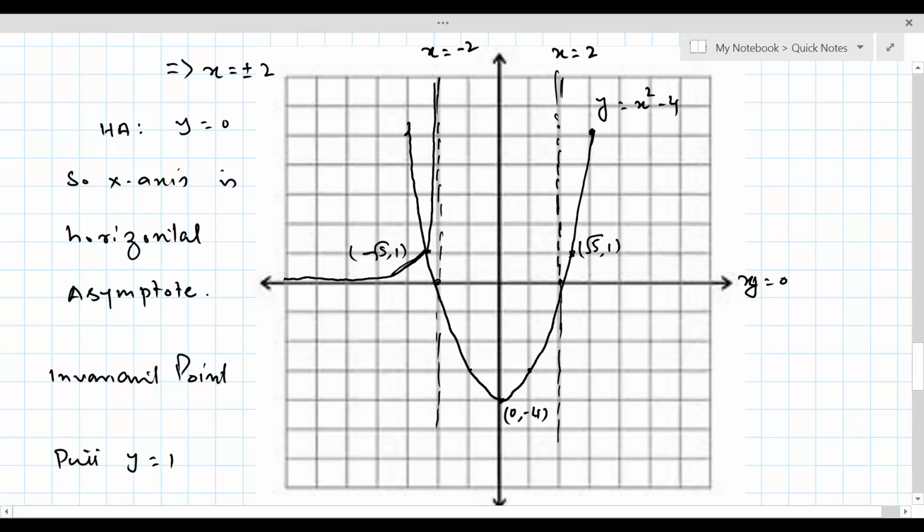So that is the graph on this side, and similarly we have a graph on this side which comes along and passes through this invariant point and goes along this asymptote.